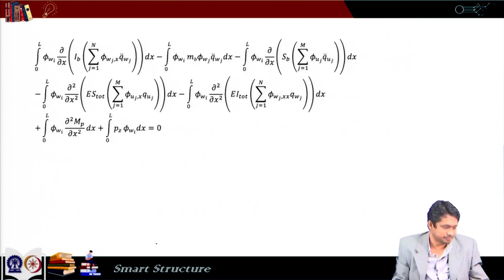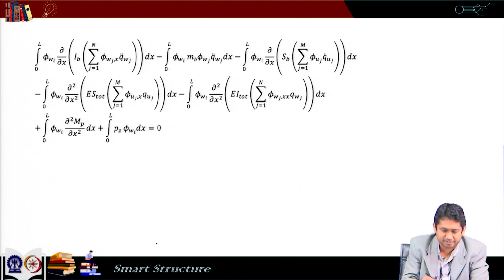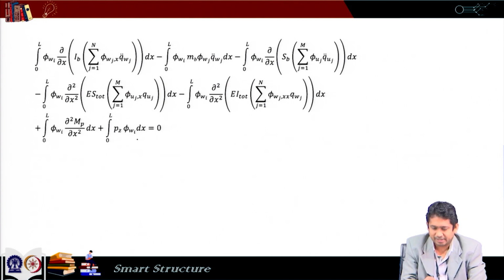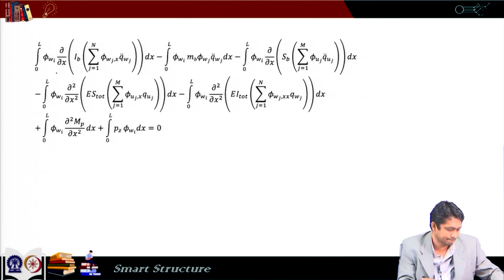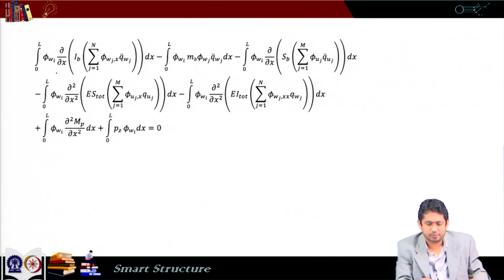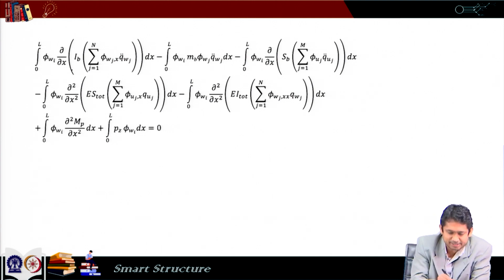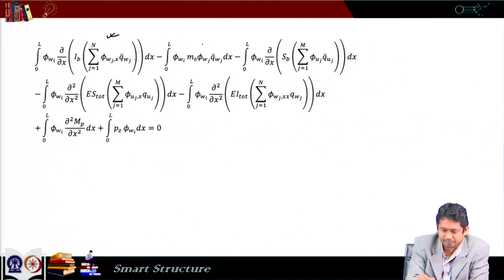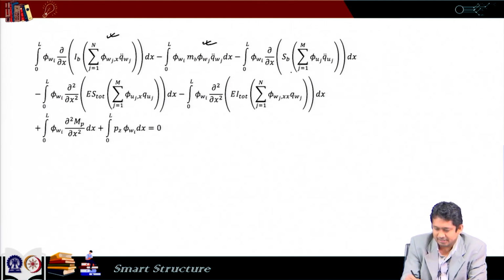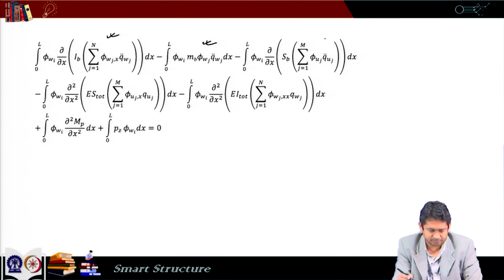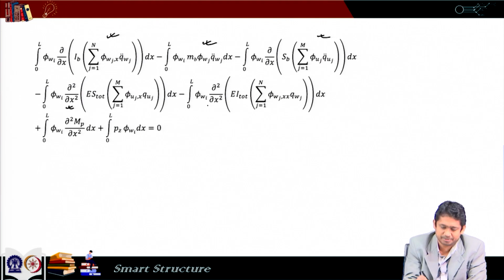Now comes our second differential equation. In the second differential equation, again we substitute the same things and we multiply the equation with phi w I. And here we can see that this term has a spatial derivative which we will be shifting, this does not have any spatial derivative, and this has a spatial derivative which we will also be shifting, and here we have a spatial derivative to shift, here also we have a spatial derivative to shift by integration by parts, same thing here.